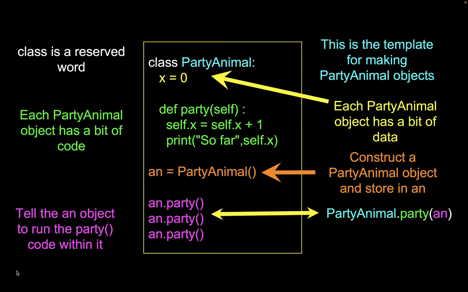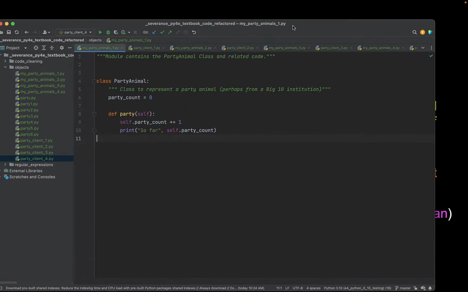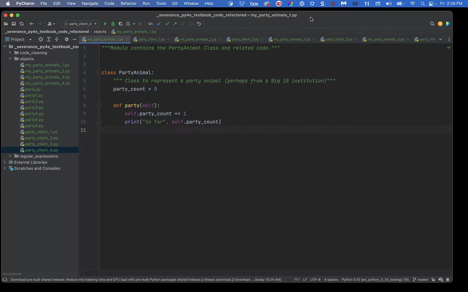So here's what I'm going to do. I'm going to show you another version of this that I created that'd be more like the code that you see in my class. I've created a module that's just going to hold this class, and I called it mypartyanimals1.py. Now, why did I call it that? Well, that's kind of a scheme that I use in my class. Is this a scheme that people use in industry?